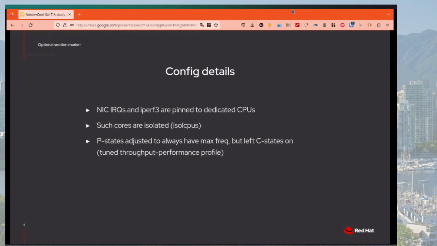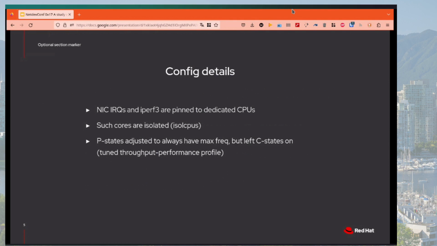On configuration details, to make the experiments a little more stable, NIC IRQs and iperf3 tasks were pinned to dedicated CPUs, respecting the cores on the x86: one core for IRQs, another core for iperf3, so they would have full power.